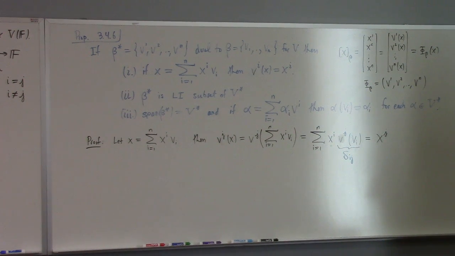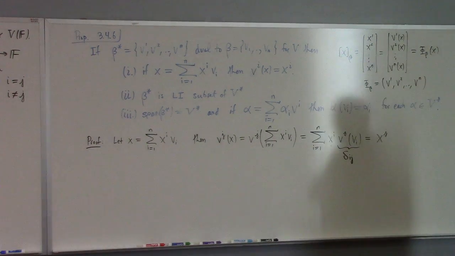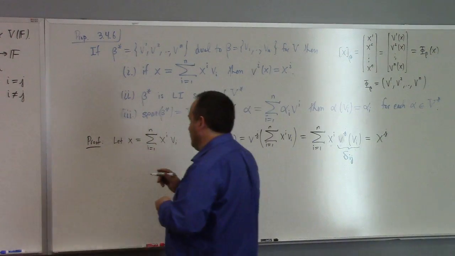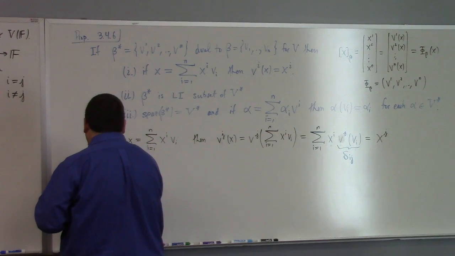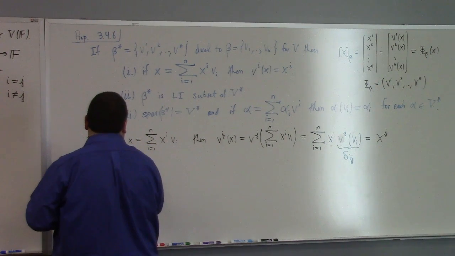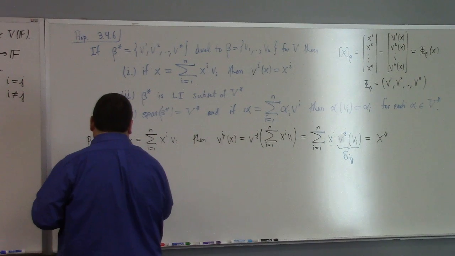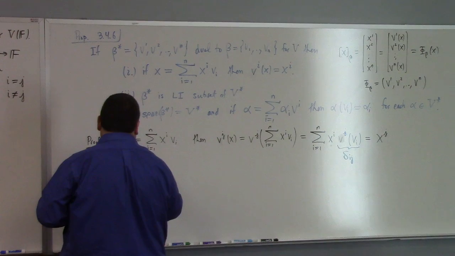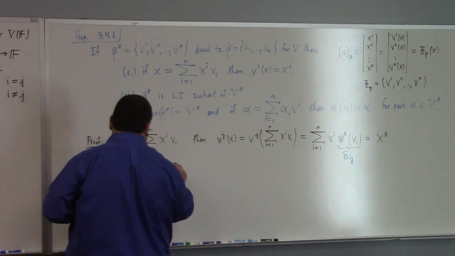Now that we have this, how will we prove linear independence? So I should be back to kind of your happy place more so. How do you prove linear independence of something? What do you do? Suppose the sum i equals 1 to n of ci vi is equal to 0.